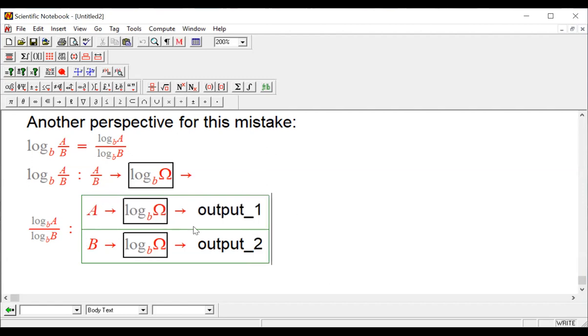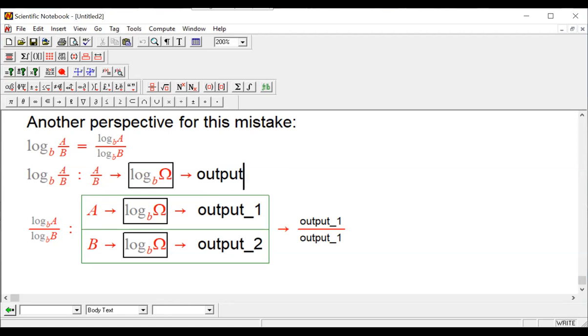After these two outputs are produced, we take output 1 divided by output 2 and get a quotient. But here, you do the quotient first and then give it to the function and produce an output. You can see the order of operation is completely different.